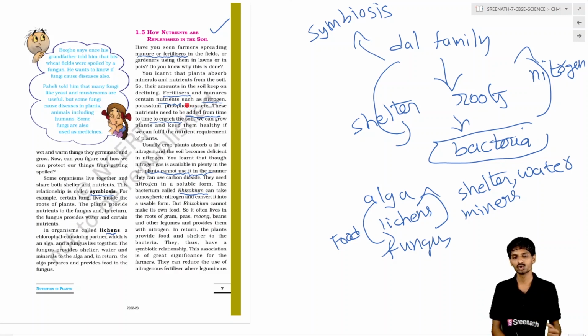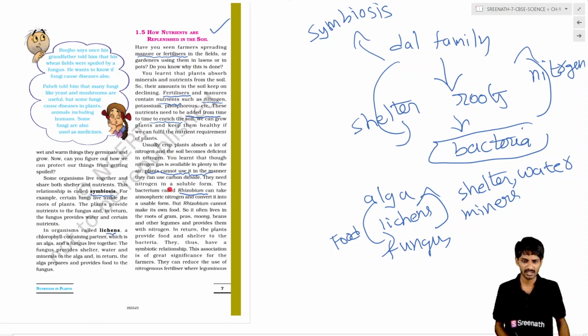By spreading the fertilizers, we can replenish our soil, so that it will be useful for plant growth, for photosynthesis, for food preparation, and for our food also. So how are nutrients replenished in the soil? By spreading fertilizers containing nitrogen, potassium, and phosphorus.